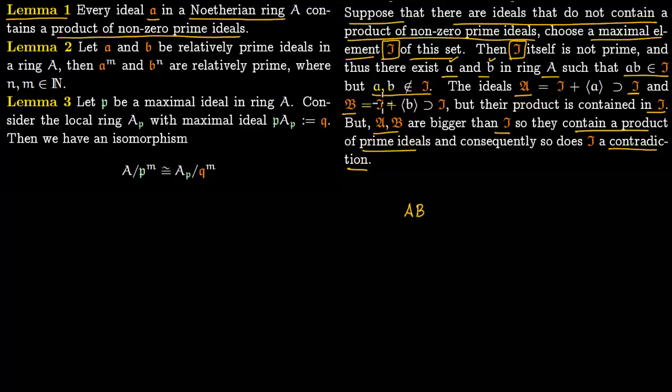Then the product of these ideals lies within I, so I will contain some prime ideals which come from 𝔄 and 𝔅. That is a contradiction, because we chose I to be the maximal element of a set which does not contain a product of non-zero prime ideals. So that contradiction proves our lemma 1.